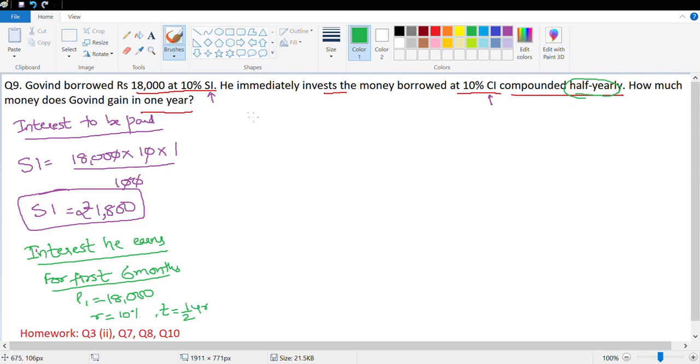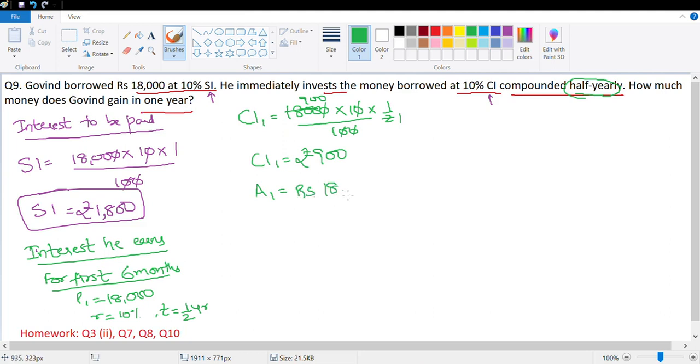So this would mean compound interest for first term would be equal to 18,000 into rate into time upon 100, which is 900. So compound interest for first term will be 900, which means amount at the end of first term, which is 6 months, will be rupees 18,900.